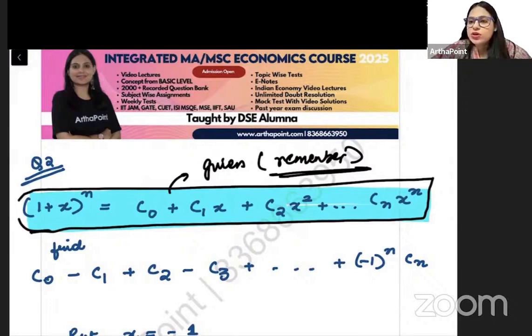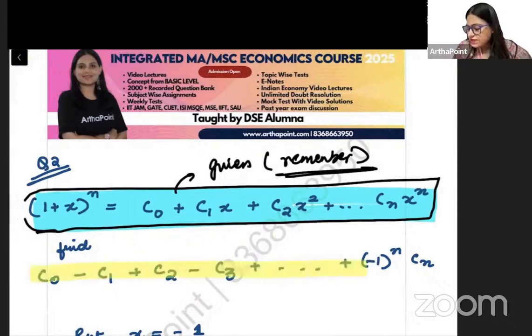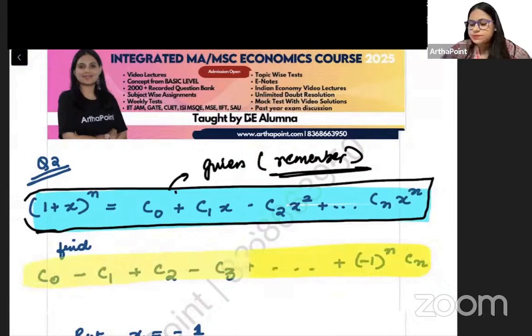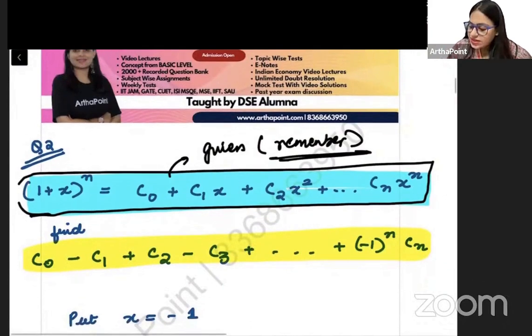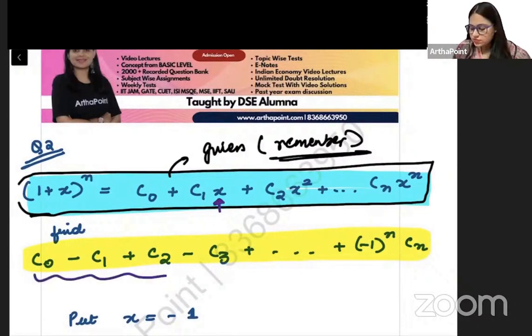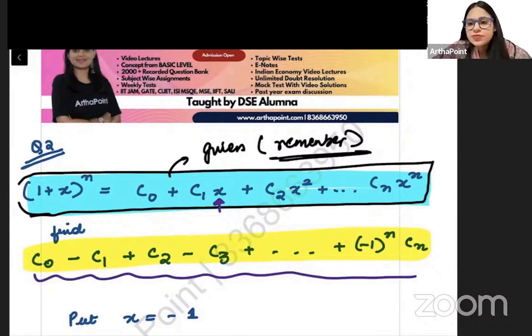Now, the question goes ahead and says find out c0 minus c1 plus c2 and so on. Very simple. If you look at the right-hand side, you will realize that if I just put x as minus 1, I will get this. So just try to see this.